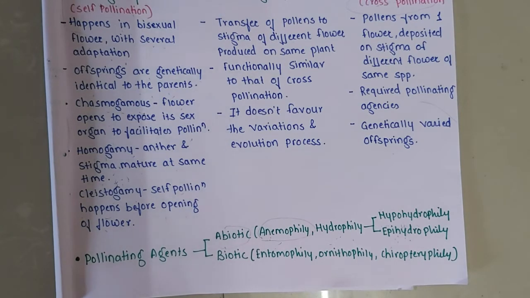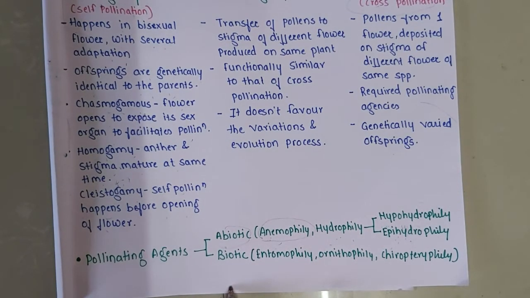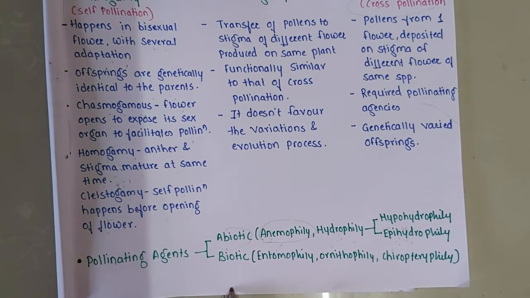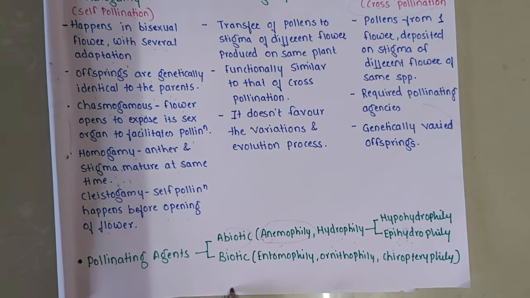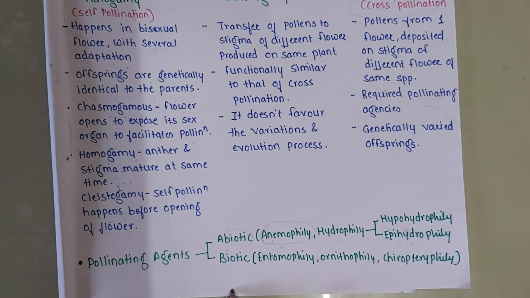Okay. Next is what? Biotic pollinating agents. It includes the living agents. About 80% of plants require the help of other living agents, like moving creatures such as insects, birds, bats, snails to transfer their pollen grains from one flower to another.